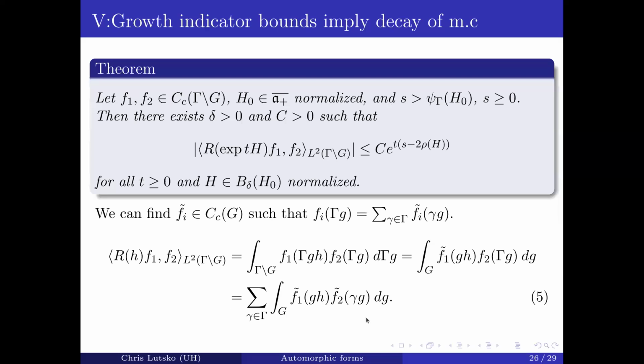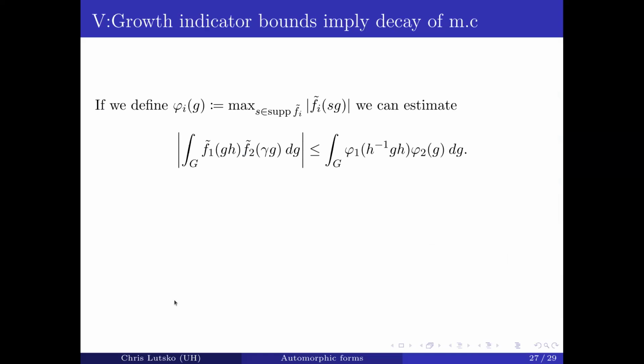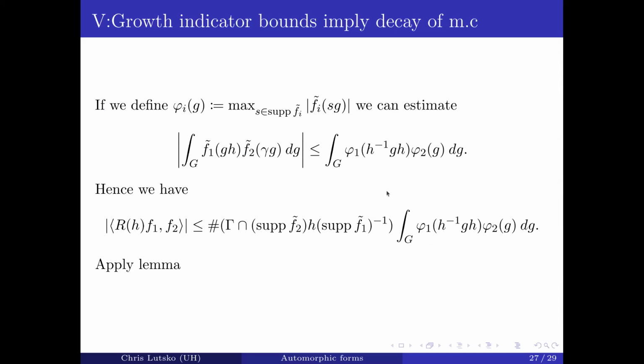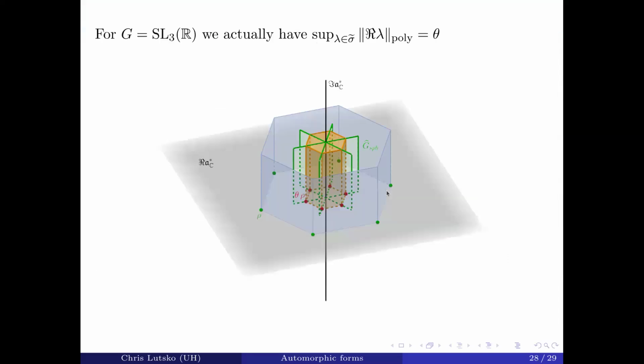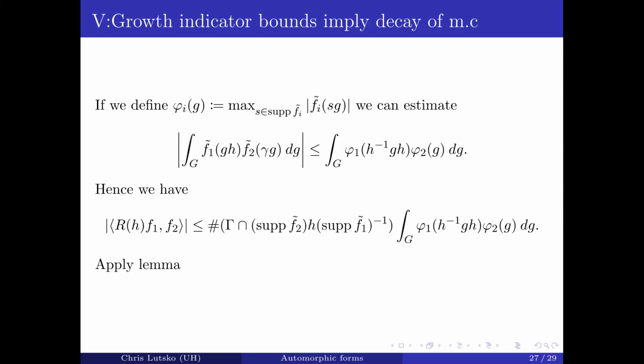That gives us this here. Then you can write that as exactly this wavefront lemma in that form. We can apply the wavefront lemma and we get the necessary decay.